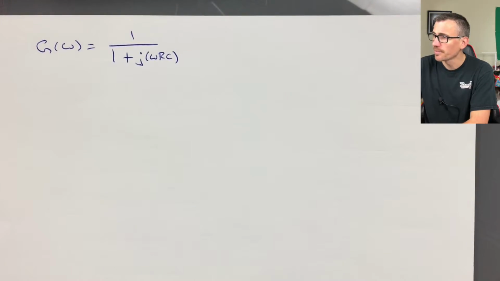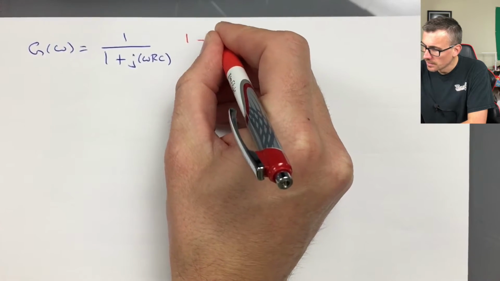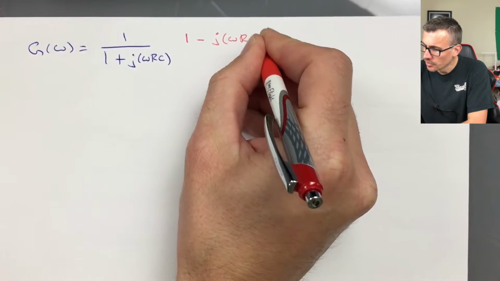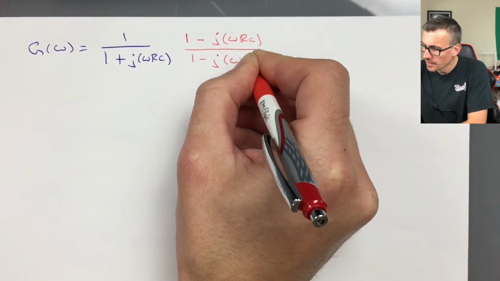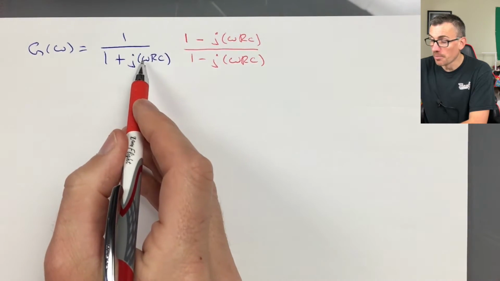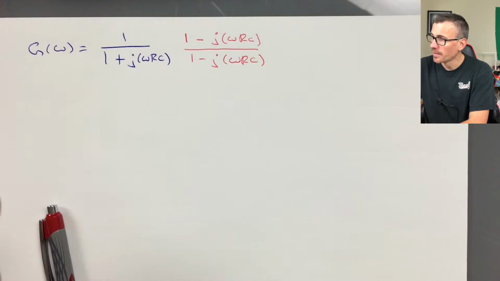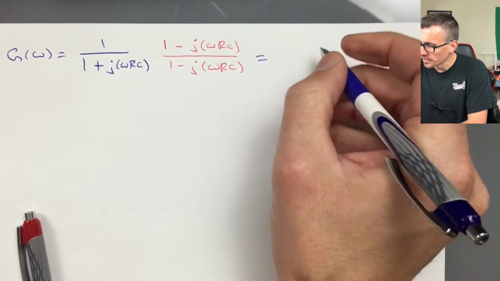So let's do the following. This is kind of a standard trick to write a complex number in a nice form. We multiply top and bottom by the complex conjugate of the denominator, and that gives us, what does it give us?